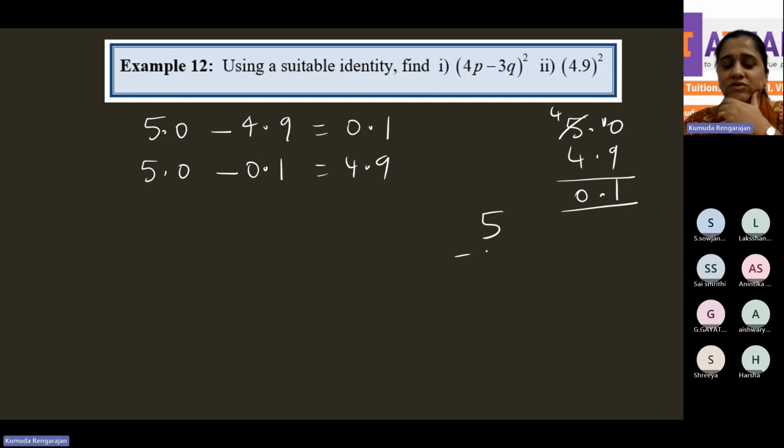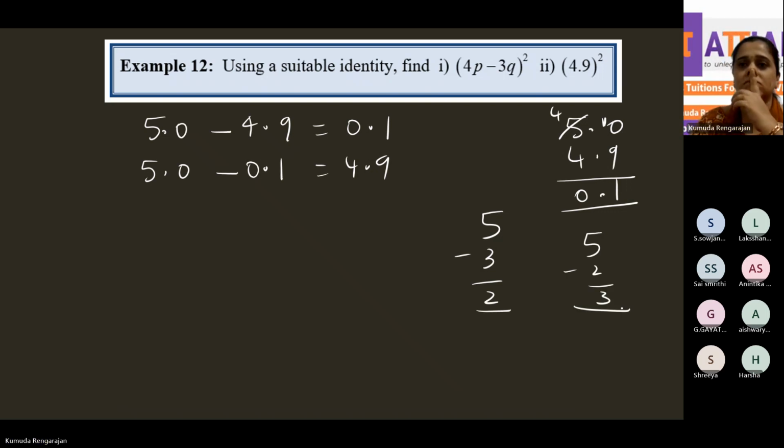Like 5 minus 3 is 2. 5 minus 2 is 3. So if you don't know 5 minus what will give you 4.9, then you subtract 5 and 4.9, you'll get a number, right? So 5 minus that number is 4.9. We know 4.9 is close to 5.